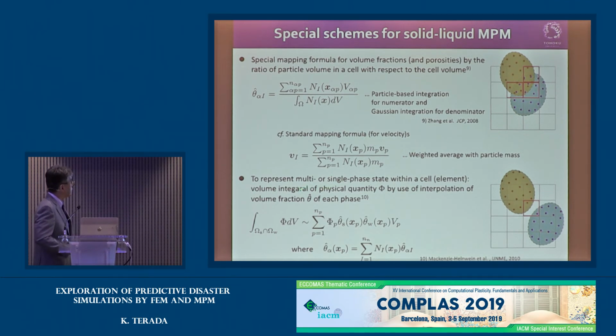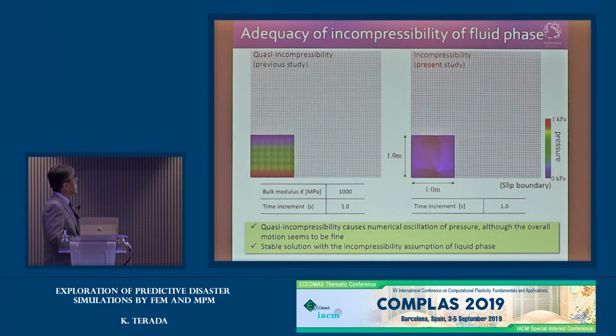Also, to represent the multi- and single-phase state within a cell, we applied volume integral of the physical quantity by using the interpolation of the volume fraction of each phase by using this formula. Okay, let's see some numerical examples.